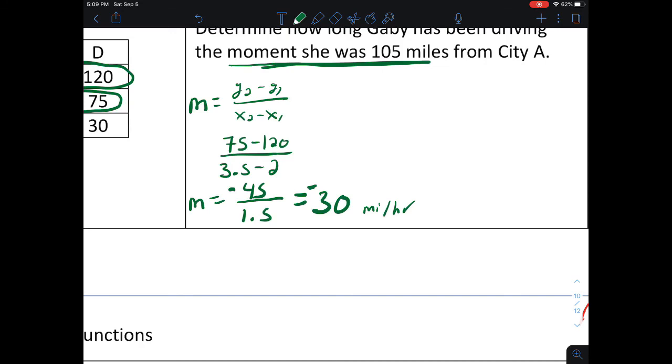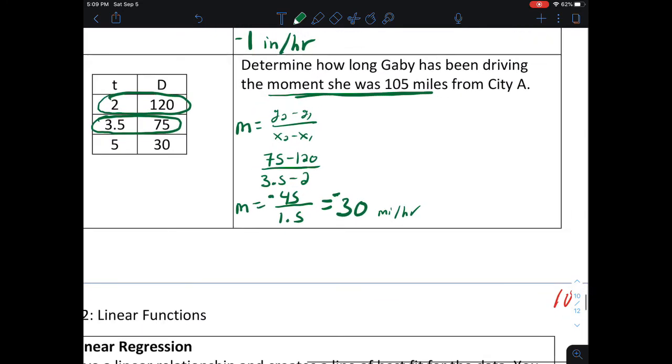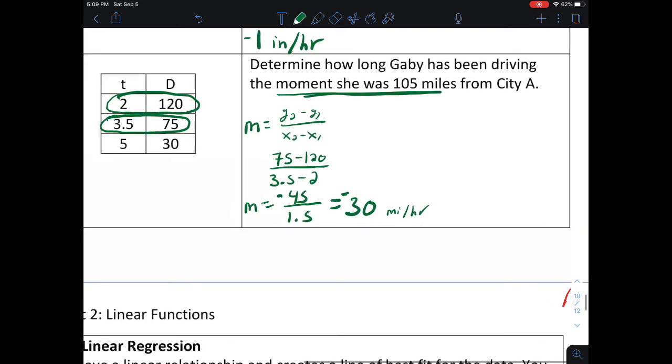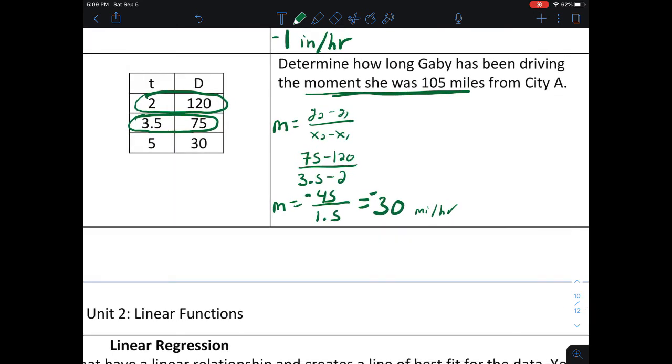So I want to know, how long has Gabby been driving the moment she's 105 miles away from City A? Well, let's find a number that we can use to easily get to 105 by adding or subtracting 30 from it. I'm going to look at this point right here, 3.5 by 75.